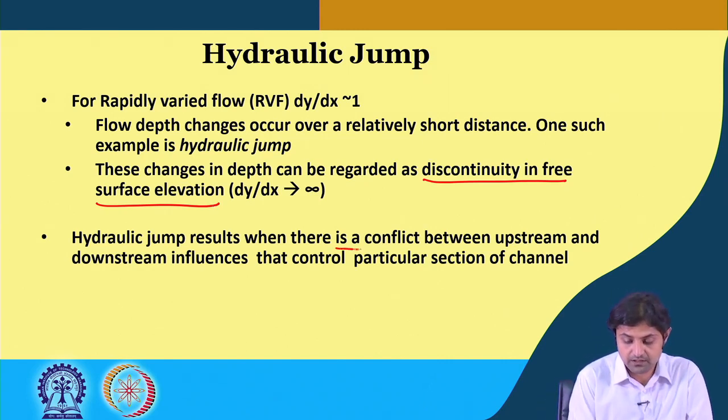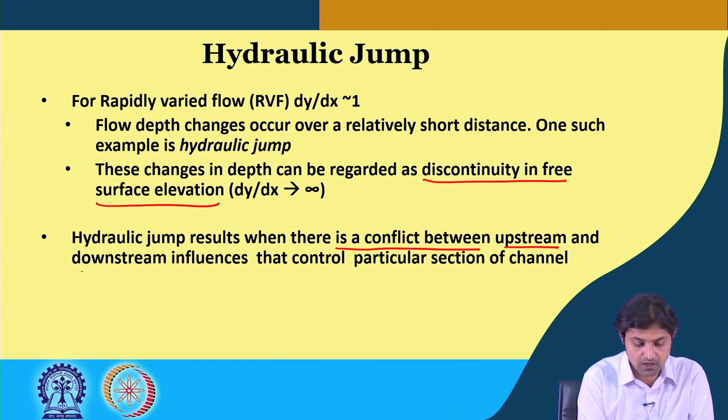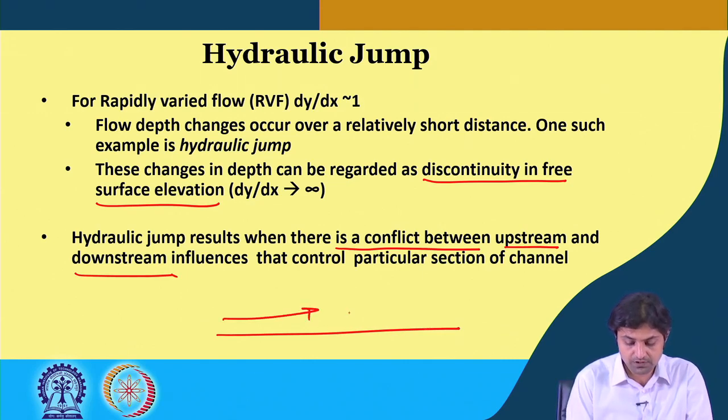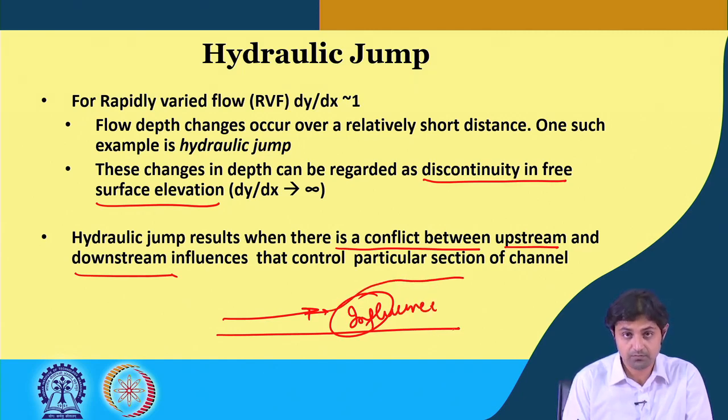Suppose this is a channel, the flow is coming like this, and there is some influence here because of which there is a discontinuity, for example, in the free surface, and because the water depth changes very rapidly, this is called hydraulic jump.